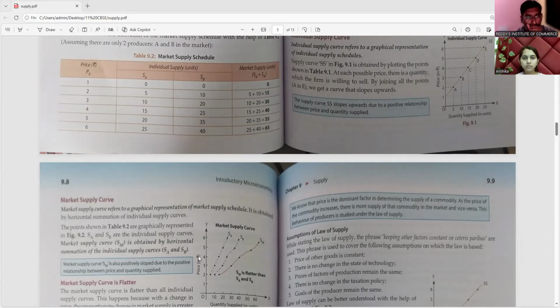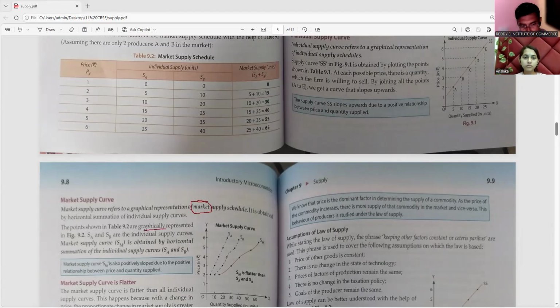Now when you talk about the market supply curve, the definition will remain the same, but instead of individual, you write market.